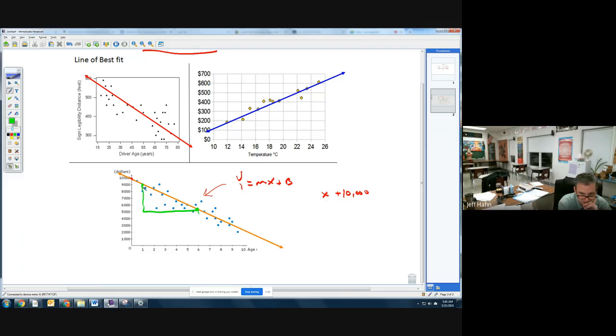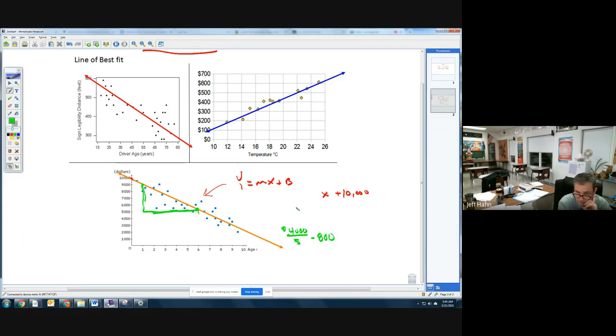Remember, slope is rise over run. It went from 5,000 to 9,000, so my rise is $4,000, and my run is 1, 2, 3, 4, 5 years. So my slope would actually end up being 800, and that would be a negative slope.